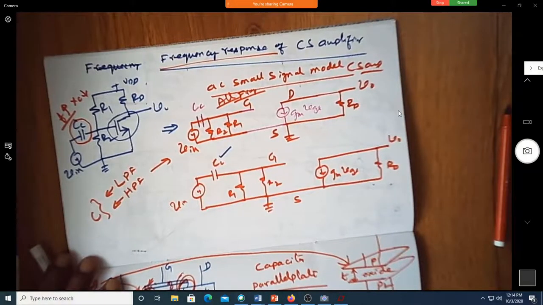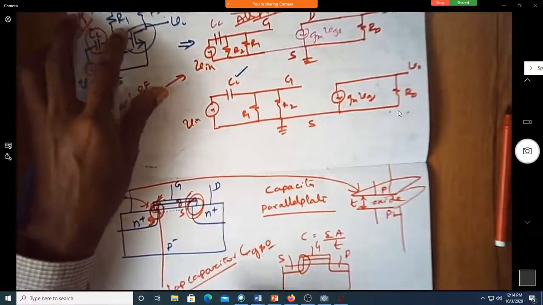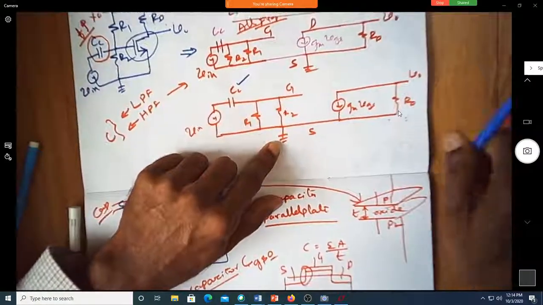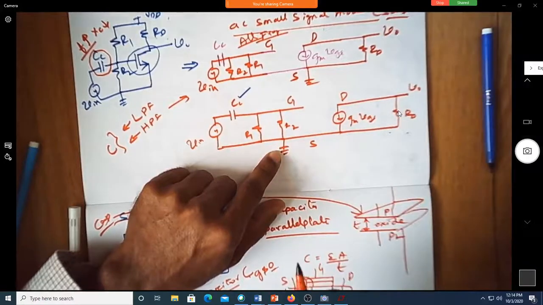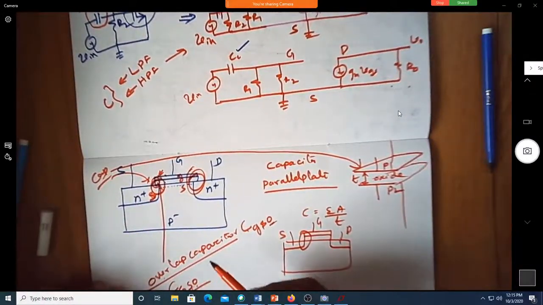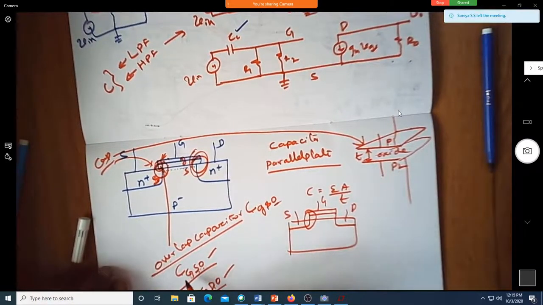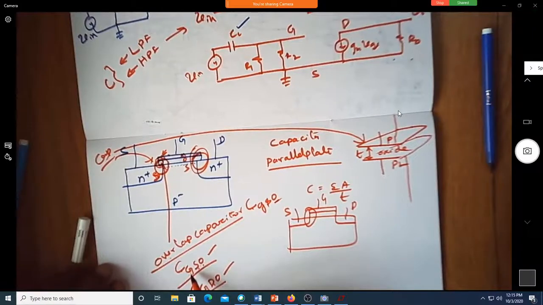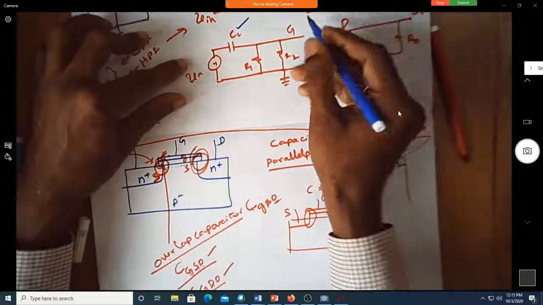Correct. So now let me put this CGSO, CGDO onto this. These are the terminals: gate, drain, source. What are the capacitances you are looking at? CGSO and CGDO. Am I correct? So this is between which terminals? Gate and source. So I will put a capacitance between gate and source.